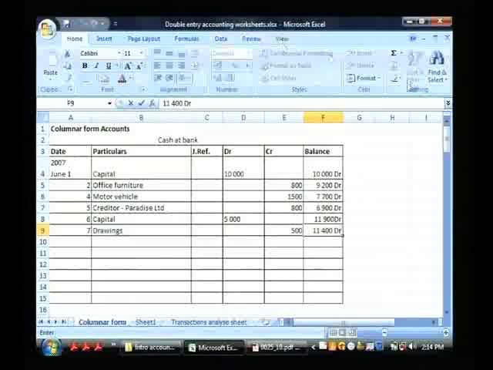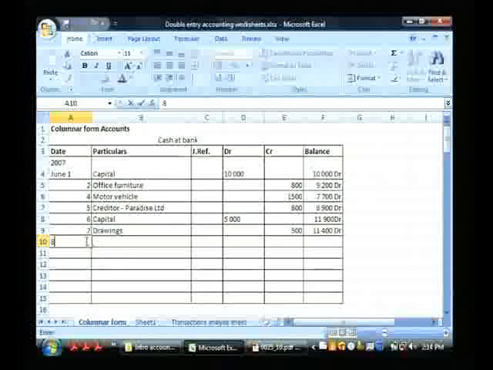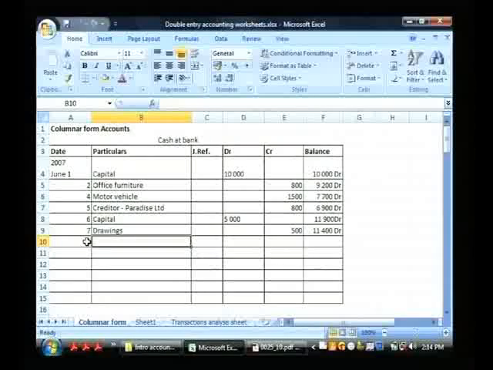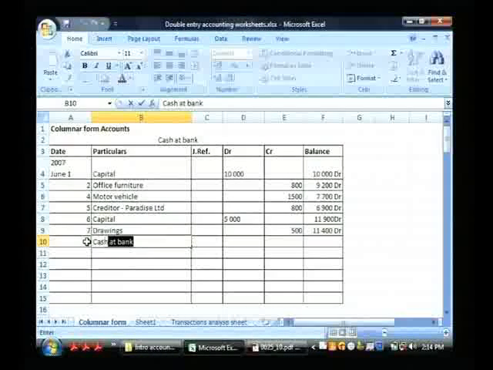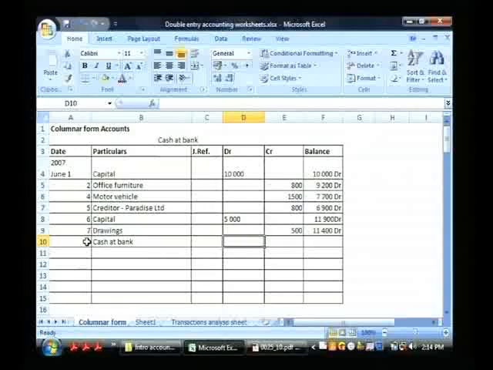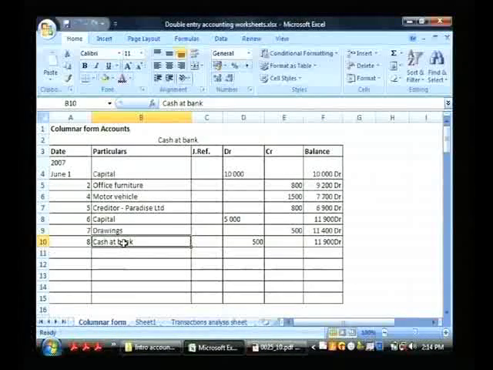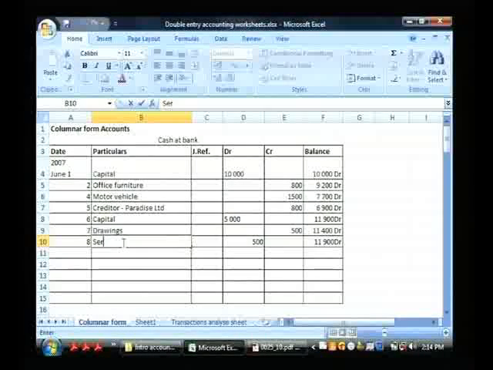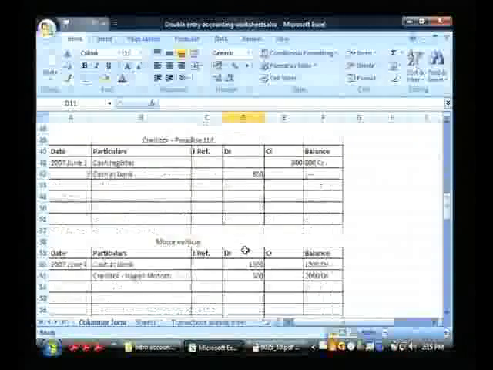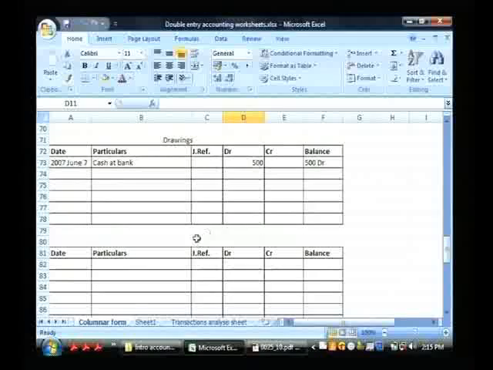8, cash received revenue, service revenue 8, then cash at bank account debit, cash at bank debit, amount is 500, add 11,900 debit. Sorry, here it is not cash at bank, it is service revenue. Now we have to open up a service revenue account.